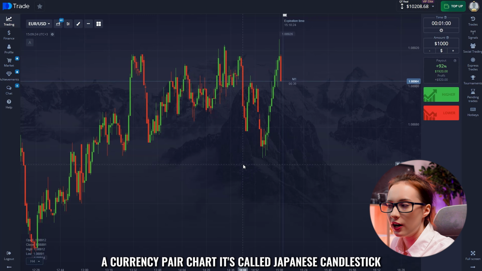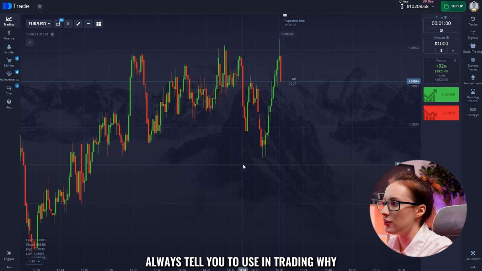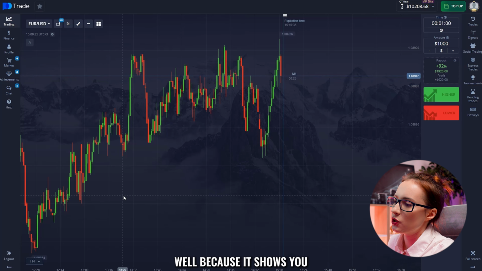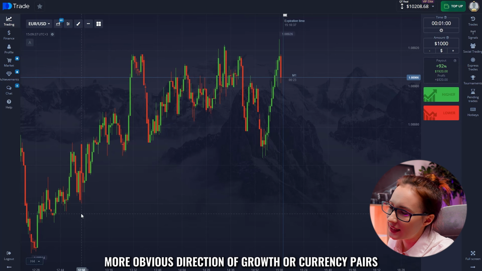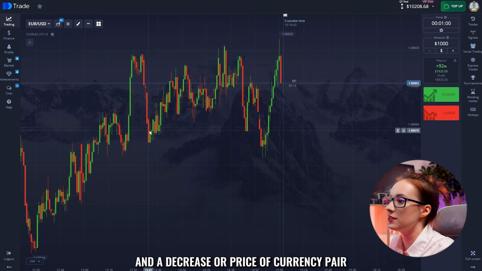A currency pair chart. It's called Japanese candlestick, and it's just the most convenient chart that I always tell you to use in trading. Why? Well, because it shows you a more obvious direction of growth of currency pairs and a decrease of the price of a currency pair.